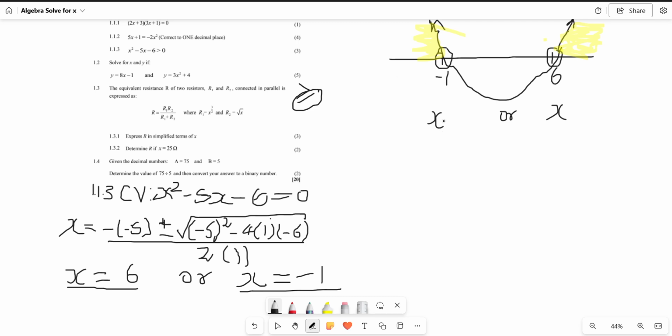It means x must be smaller. How do you indicate smaller with the critical value? That part of the critical value must point to the x. When this part of a critical value points to the x, it means x must be less than -1.